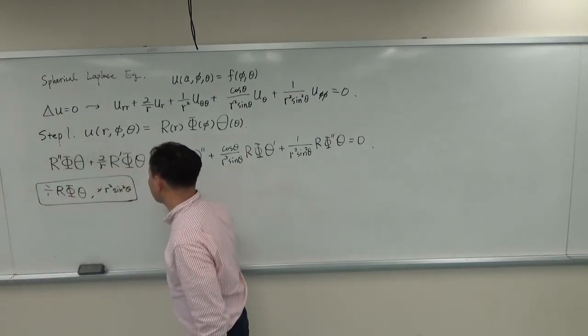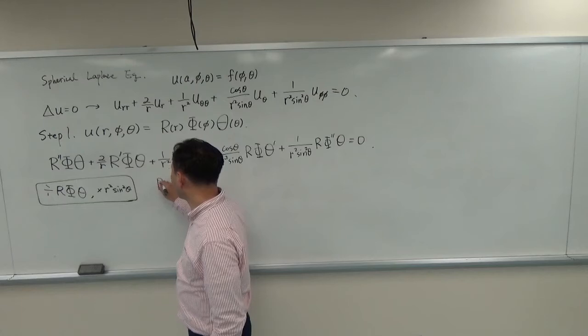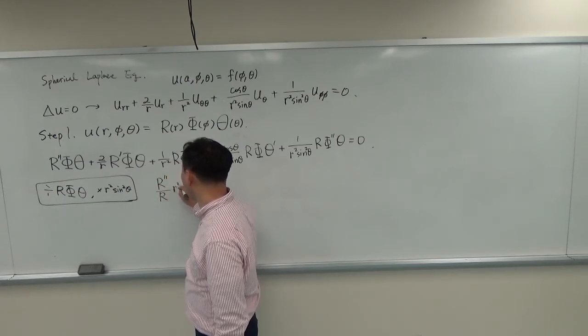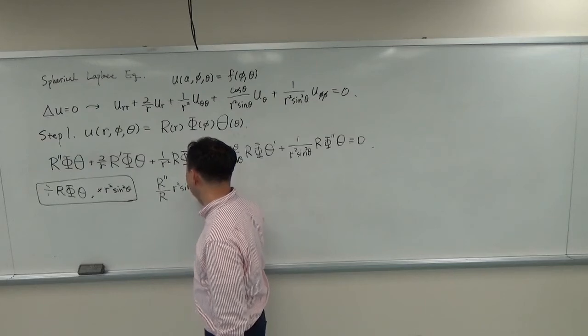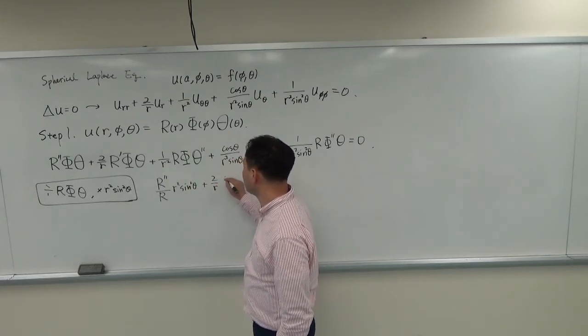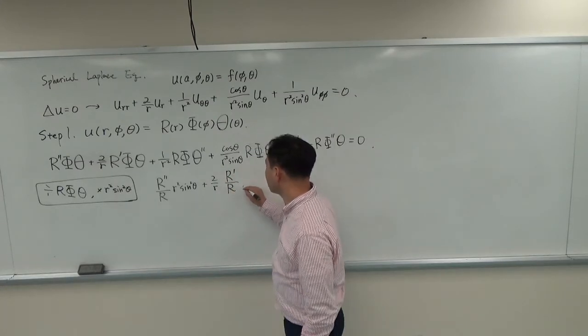We get R double prime over R, and then R squared sine squared of theta, plus 2 over R prime over R, times R squared.